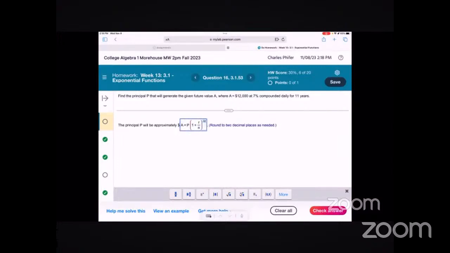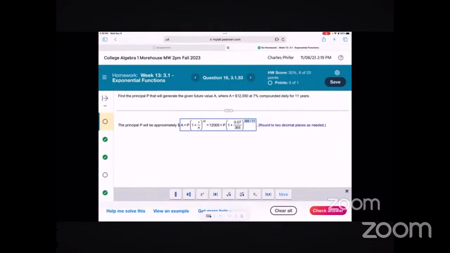Now we want the future amount to be 12,000, and we're trying to solve for the principal. 1 plus the rate, which is 7%, so 0.07, divided by 365 since it's compounded daily, to the power of 365 times our time, 11 years.